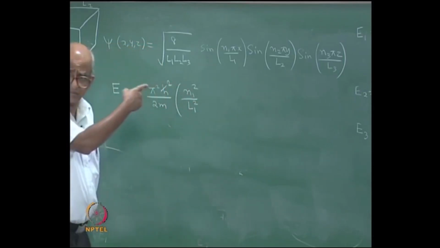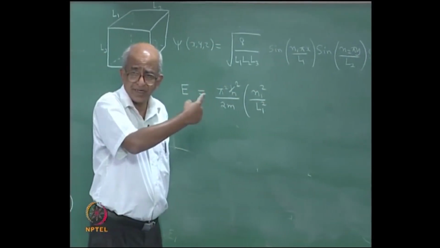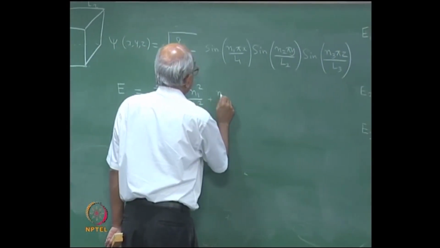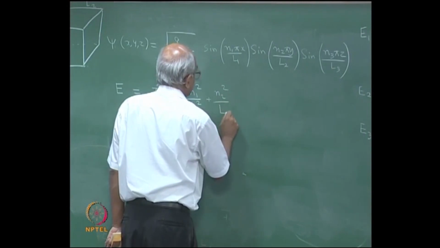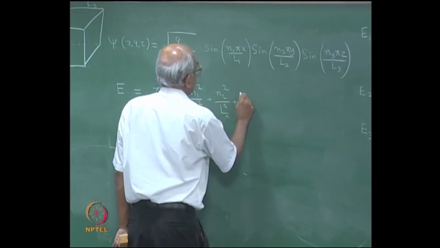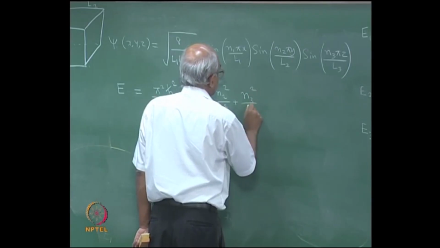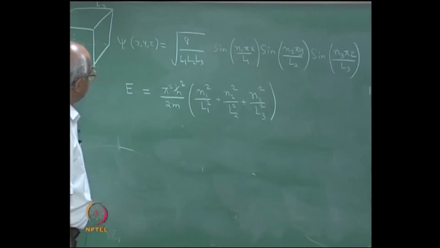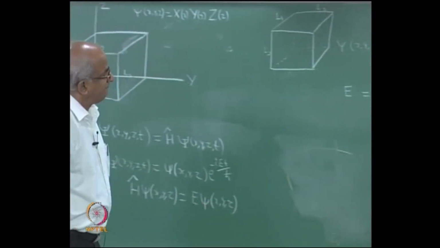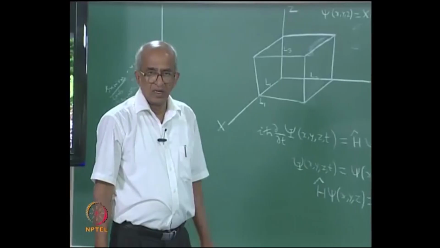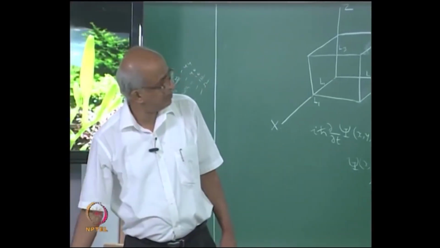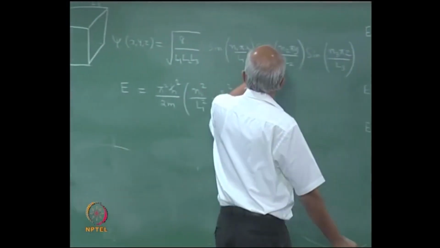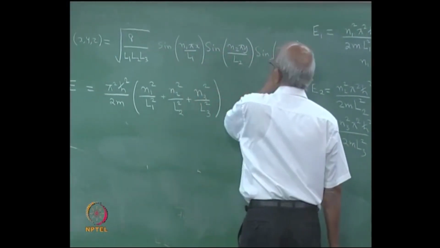This comes from motion in the x direction actually, then plus n2 square by L2 square plus n3 square by L3 square. And also it is obvious that the wave function depends upon 3 quantum numbers n1, n2 and n3.